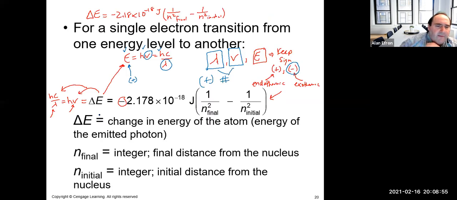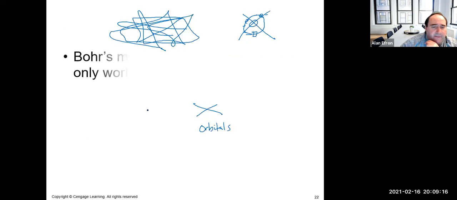This guy right here would probably be the one you want to use. By the way, this 2.18 is also sometimes referred to as the Rydberg constant, just for a reference point. But again, you want to use this and figure out wavelength, frequency, and energy for each of those. Any questions on that there?